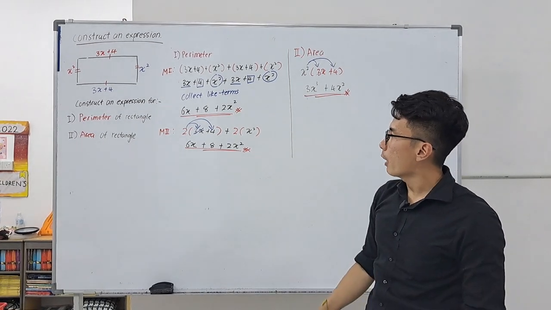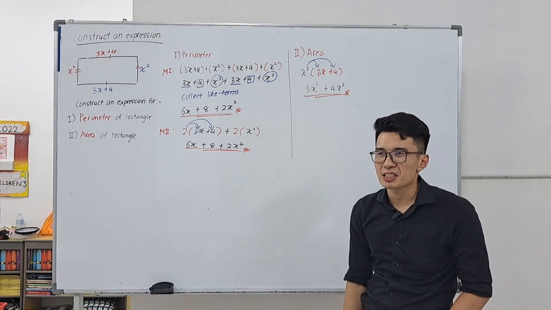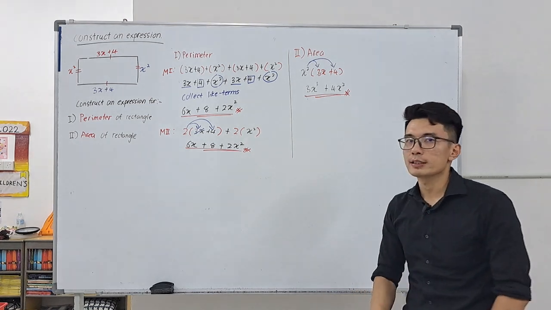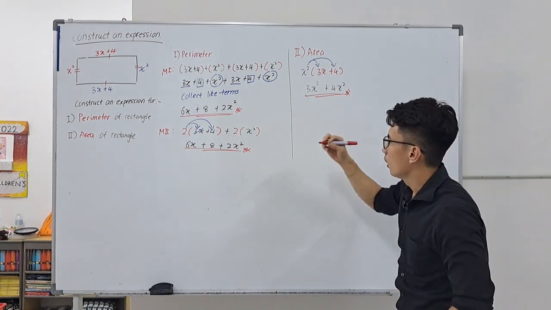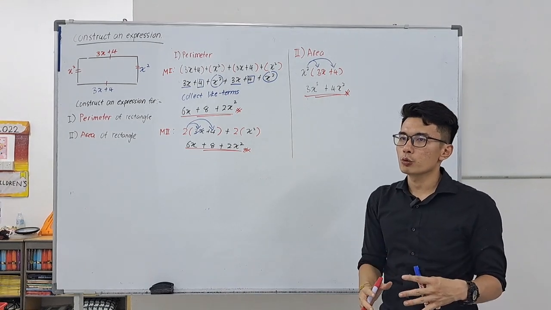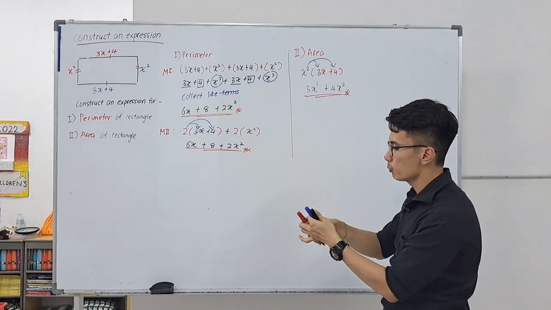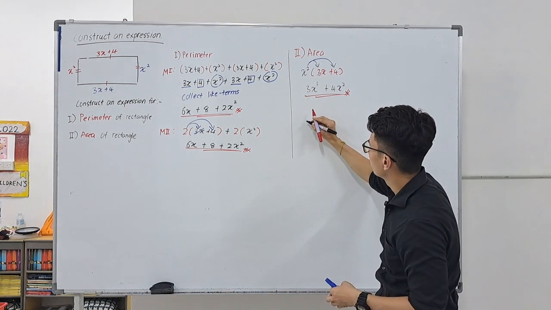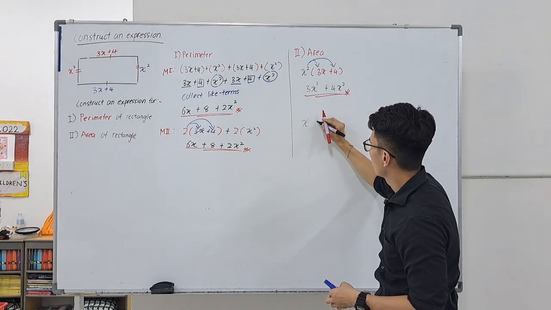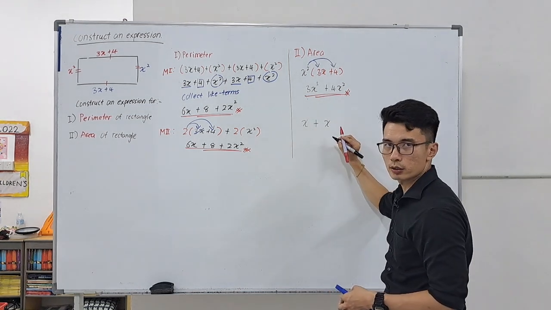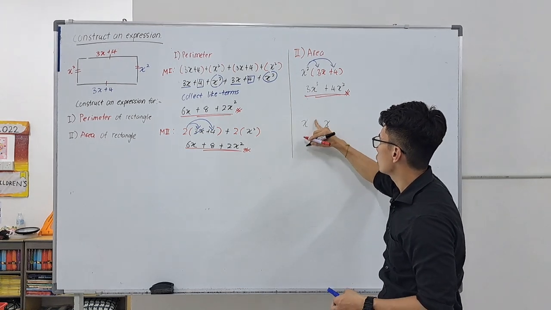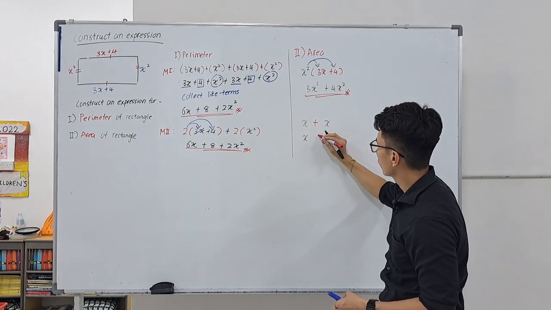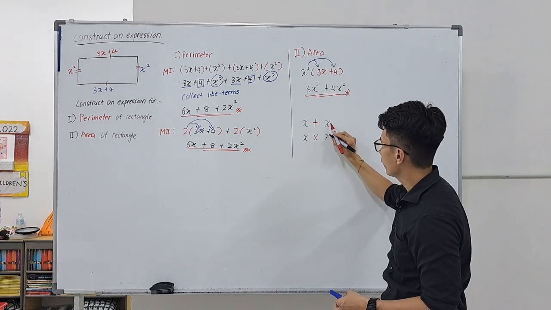Now, having said that, I want to share some common mistakes that students make when doing this kind of question. Let's start with the basic one first. I will strongly encourage you all to know the difference between these. So if I were to give you x plus x, and let me change this to red color so you can see the difference, and x multiply with x.